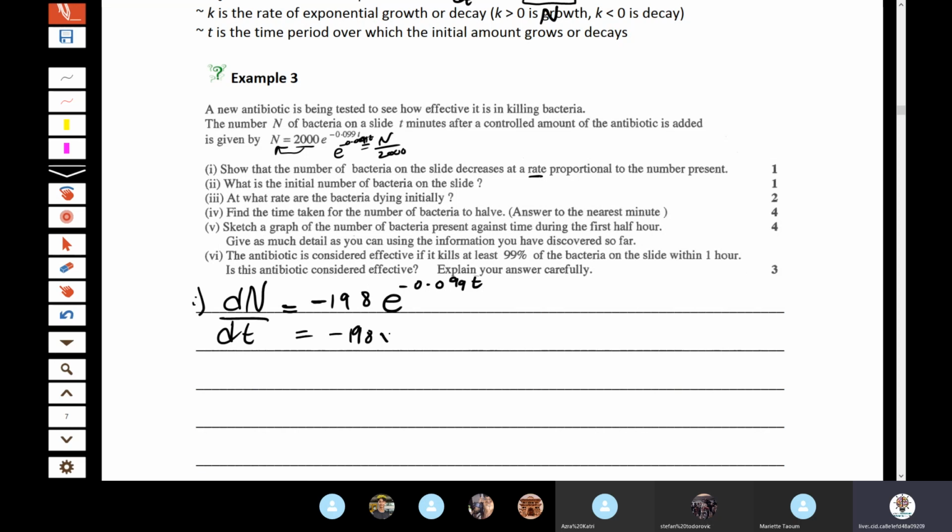Therefore, bacteria decreases at a rate proportional, so it's negative 198 over 2000, proportional to the number present. So you always want to get back to n.